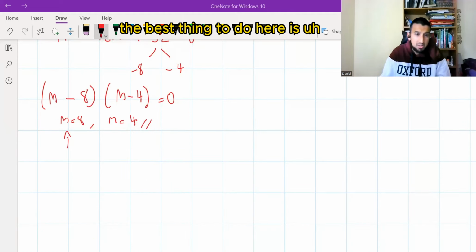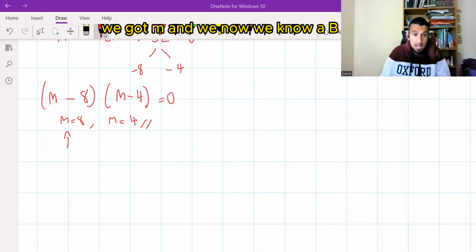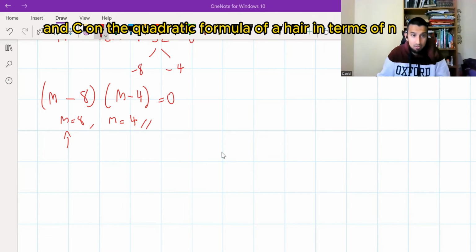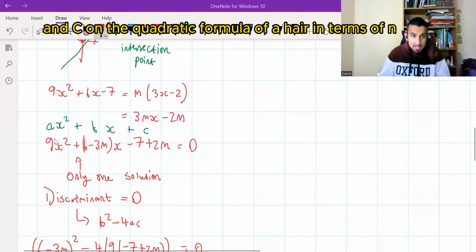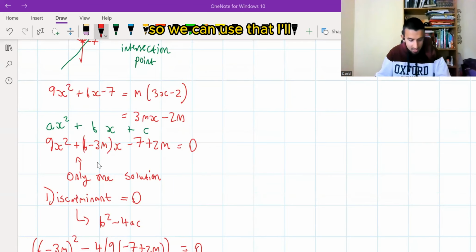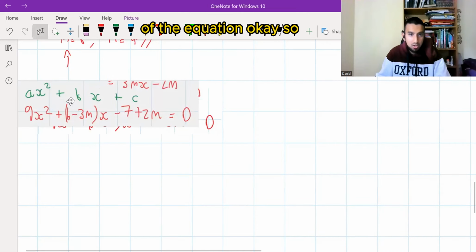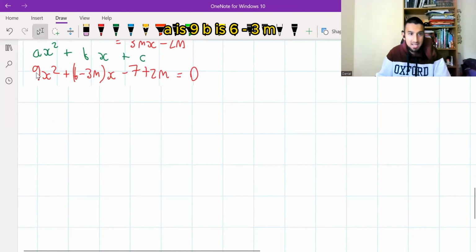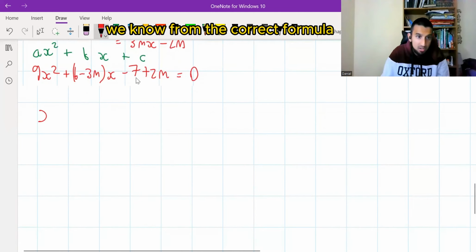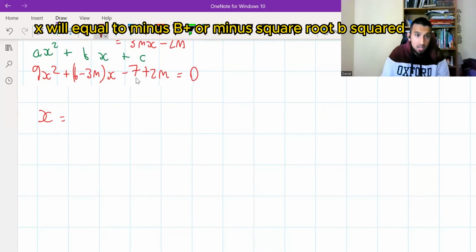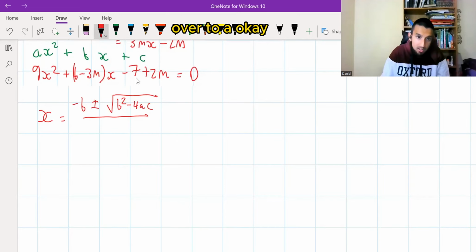The best thing to do here is, we've got m, and we know a, b, and c from the quadratic formula in terms of m. So we can use that to solve this part of the equation. a is 9, b is 6 minus 3m, and c is minus 7 plus 2m. We know from the quadratic formula x equals minus b plus or minus the square root of b squared minus 4ac, over 2a.